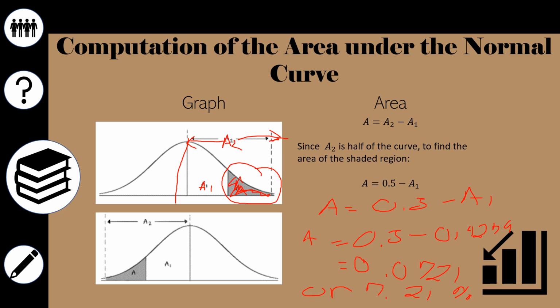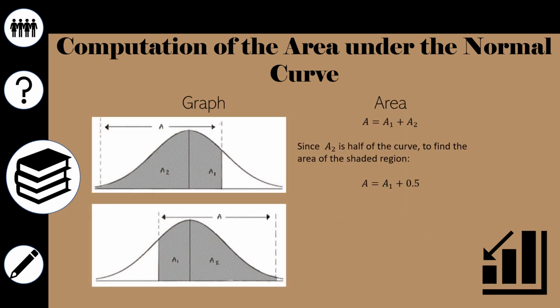However, if we try to find the shaded area over here, this is a completely different story. Instead of subtraction, we use addition. Why? Because the area is greater. This area is greater than 0.5.